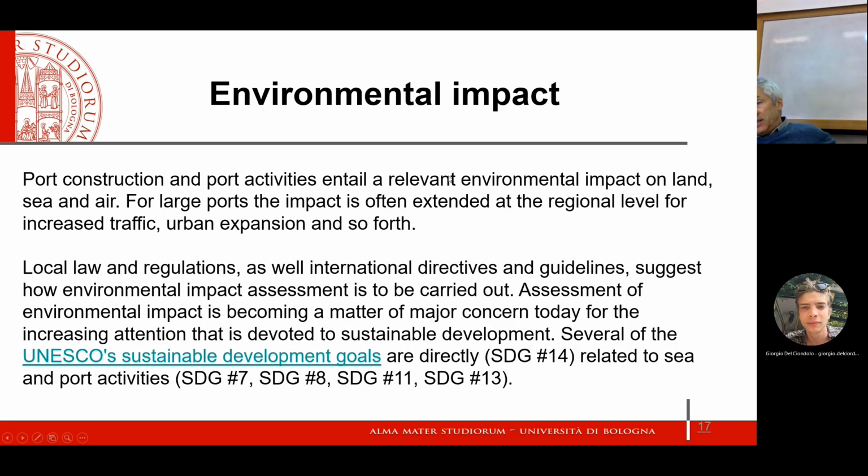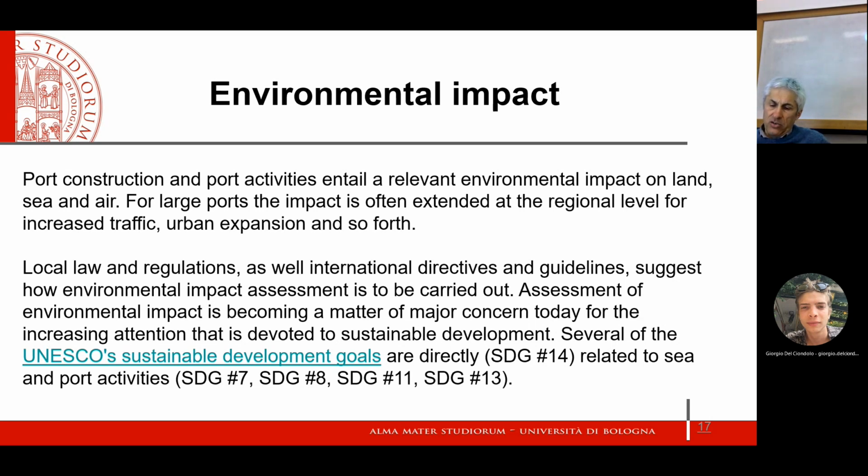Environmental impact is a relevant issue. Port construction and port operation bring an environmental impact that is very heavy, in terms of water quality in the port, not only because unavoidably ships release some oil and some litter.